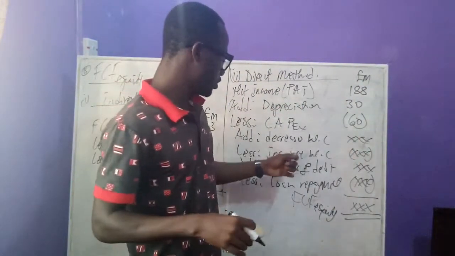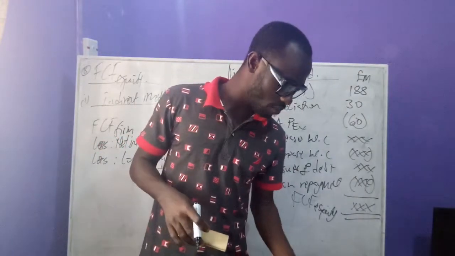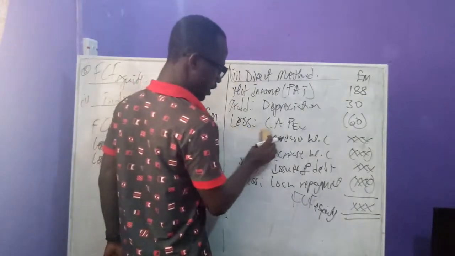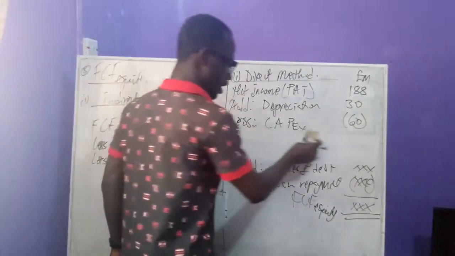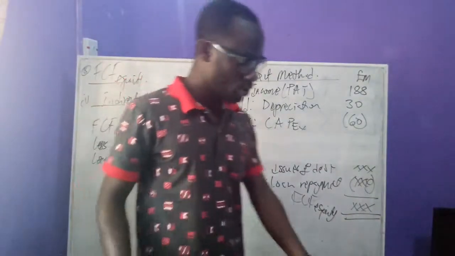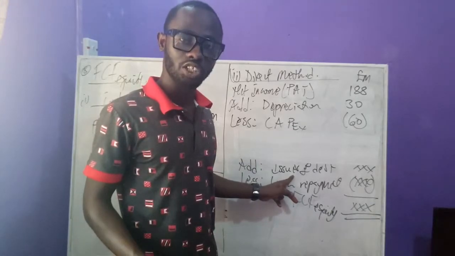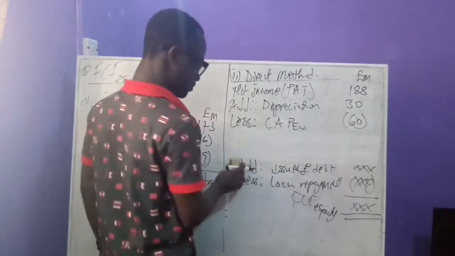Then decrease or increase in working capital. From the question, we were not told anything on working capital, so it will not come in our solution. We were also not given anything about issue of debt, but we were given loan repayment to be 69.